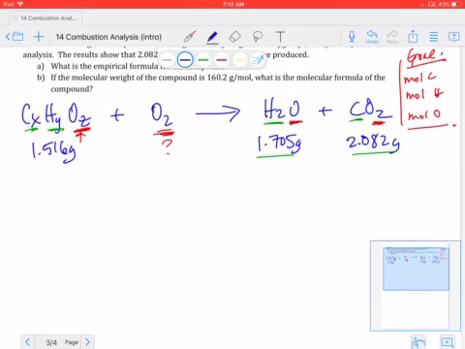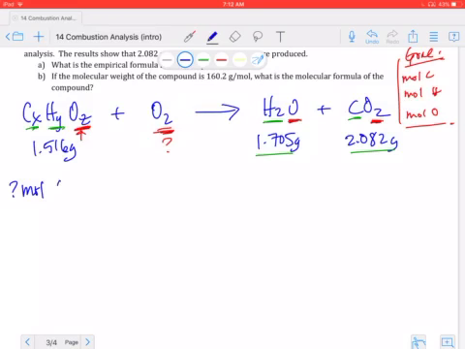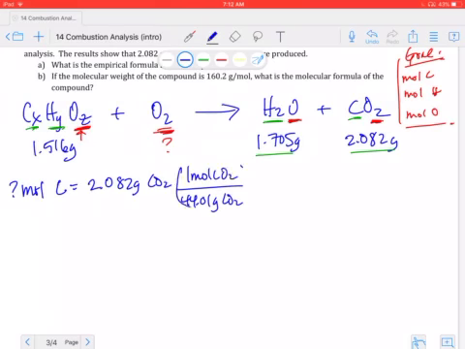So the carbon and hydrogen, we're going to do the same way that we've done before. I'm going to find moles of carbon just using my CO2. So we're going to start with that 2.082 grams of CO2. So that gets me to my moles of CO2.